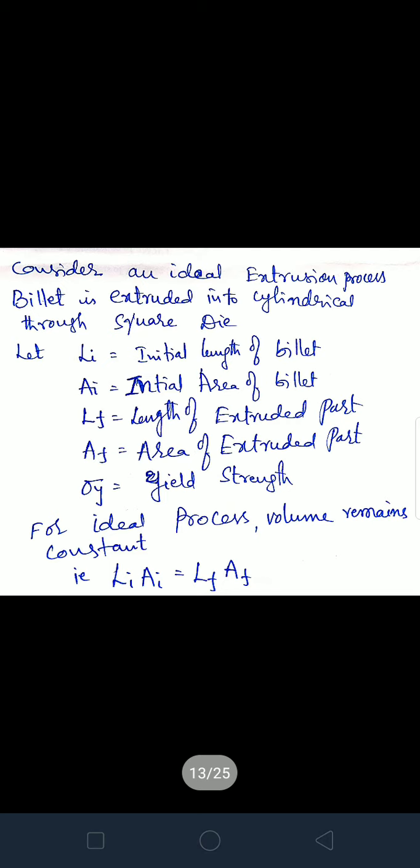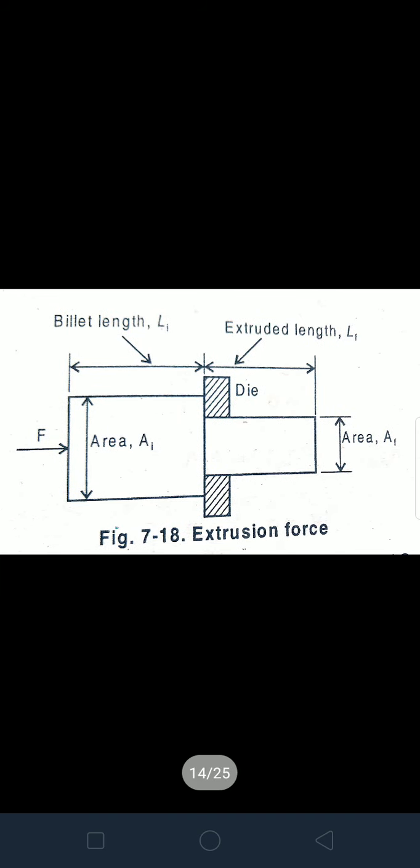For an ideal process, volume remains constant always. Therefore, initial volume equals final volume: Li Ai is equal to Lf Af. That is the ideal condition of the extrusion process, clearly shown in the figure with the initial length, area, and final length and area.